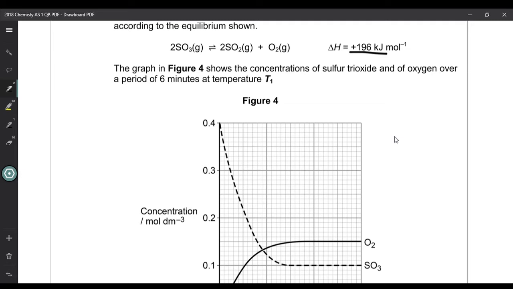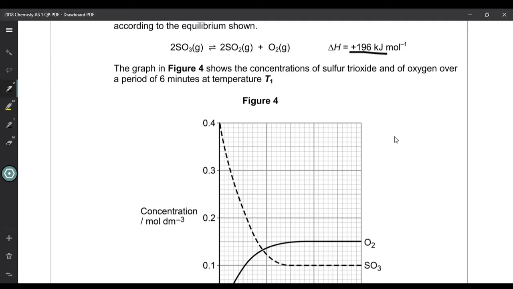However many of these are used up, we'll get the same number of sulfur dioxide molecules. In this graph we started at 0.4 molar and we've ended up with 0.1 molar of sulfur trioxide. That means there's been a decrease of 0.3 molar, so there's going to be a 0.3 molar increase in sulfur dioxide.